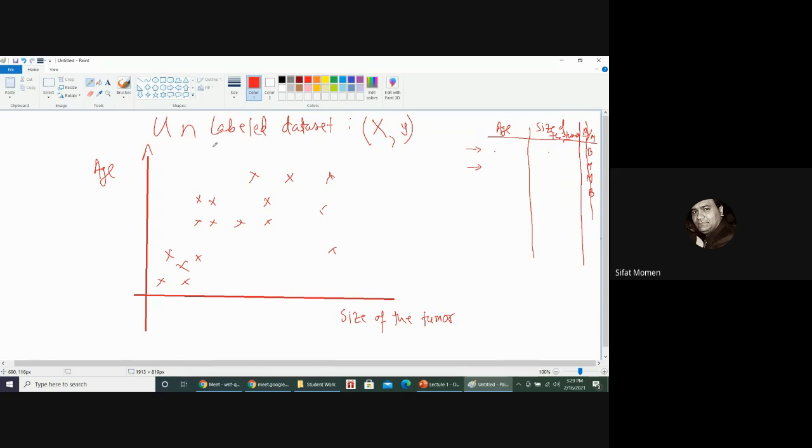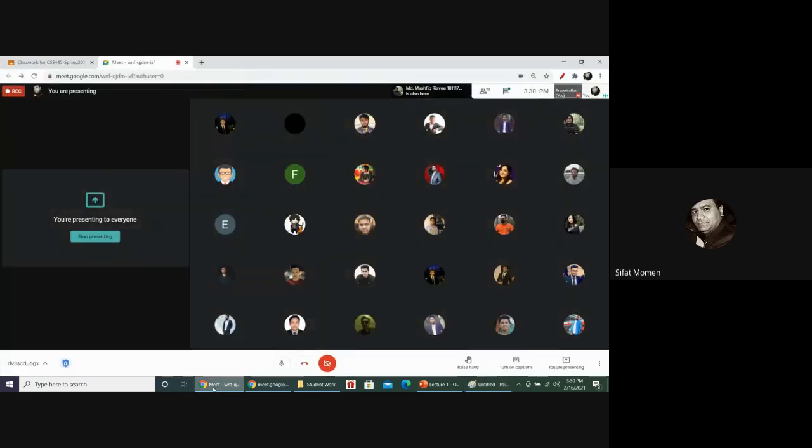Which is benign and which is malignant, you have no idea. Right? Clear? So that would be an unlabeled data set. Is that okay? Labeled data set is clear, and we will come to unlabeled more later.